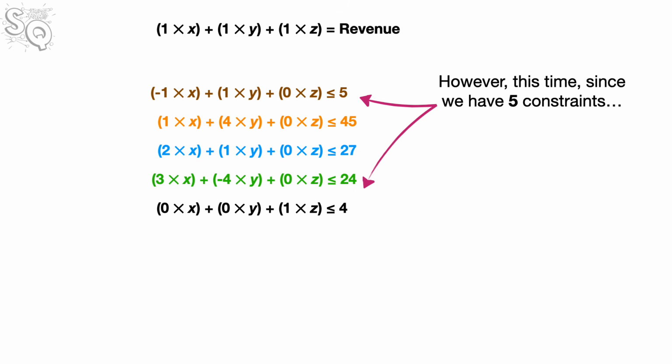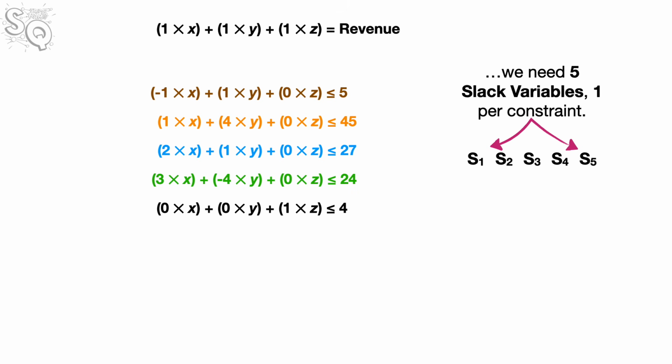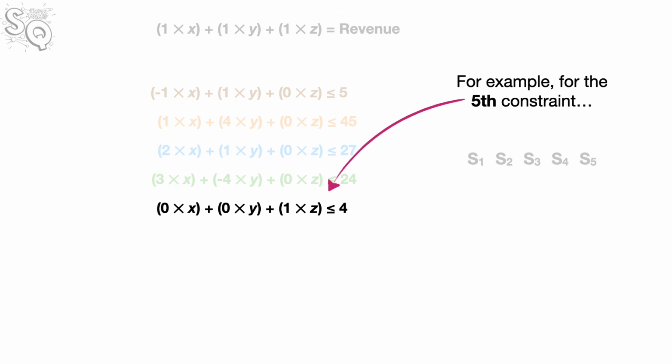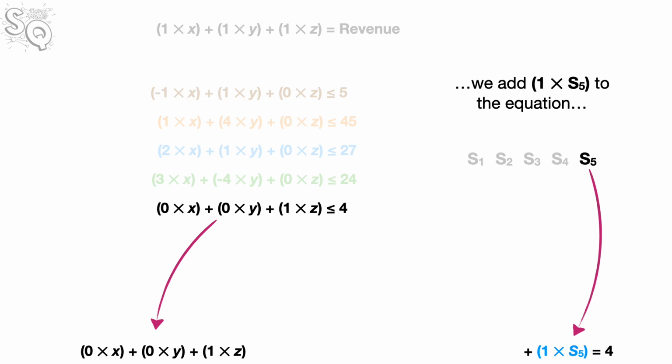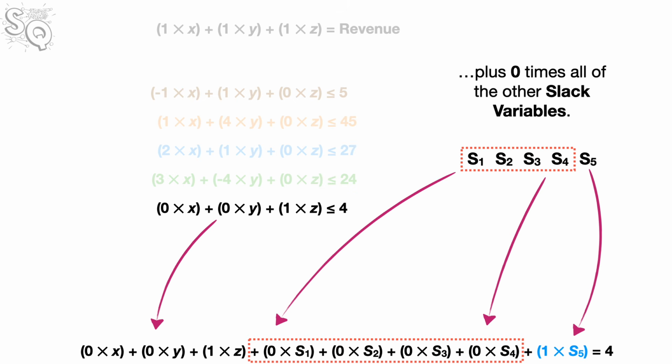However, this time, since we have 5 constraints, we need 5 slack variables, 1 per constraint. For example, for the 5th constraint, we add 1 times S5 to the equation, plus 0 times all of the other slack variables.